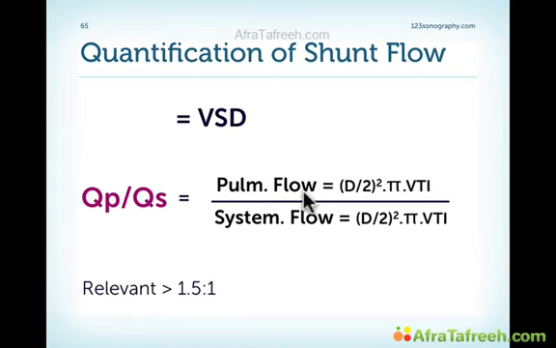How can we quantify the flow? Theoretically, we could again use flow calculations in the pulmonary artery and in the left ventricular outflow tract or the aortic valve. Unfortunately, in many of these patients, we do have turbulent flow in the pulmonary artery due to the VSD, so it's not that easy, and in many patients not really accurate.